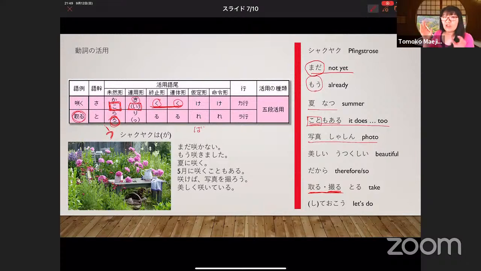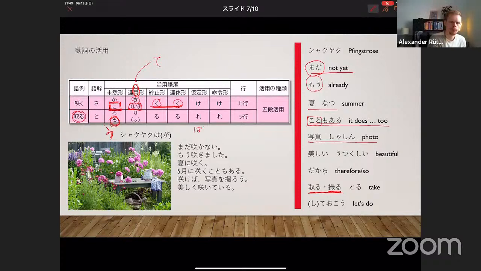When you conjugate with a yogen, we often use te, to explain the situation or anything that is happening here. To explain, we often use te.